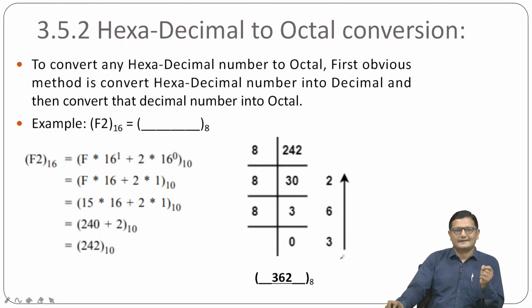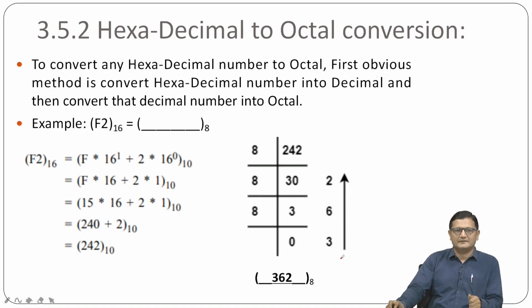Now in the third step, F represents 15, because from 0 to 9 we use the digits, but 10 is represented as A, 11 as B, 12 as C, and similarly F is 15. So 15 into 16 makes 240, and 2 into 1 is 2. The final answer is 242.